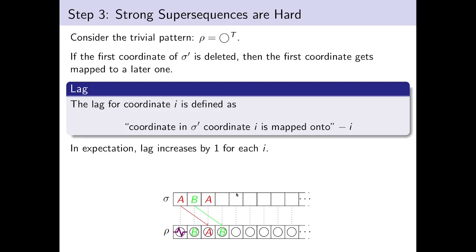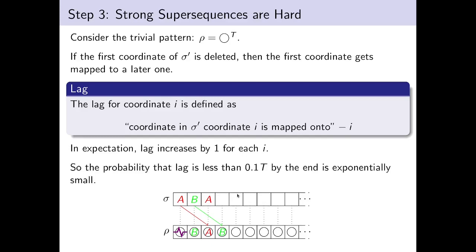But that's very interesting, because that means that, except with probability exponentially small, by the time we get to 0.9 t of the coordinates of sigma, the lag already exceeds 0.1 t. So by the time we get through the first 90% of sigma, we're already past the end of rho. The lag means we're just going beyond the end of it.